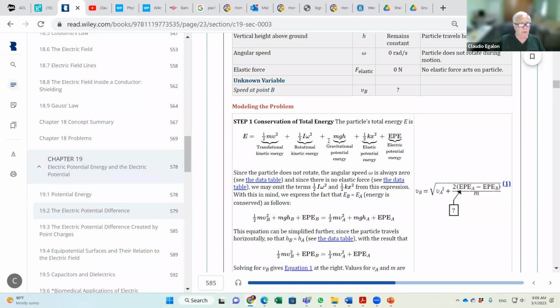The problems that we usually do have only those two terms, this one here and this one here. The other two may not be negligible, but for most problems that we do, they can be neglected.